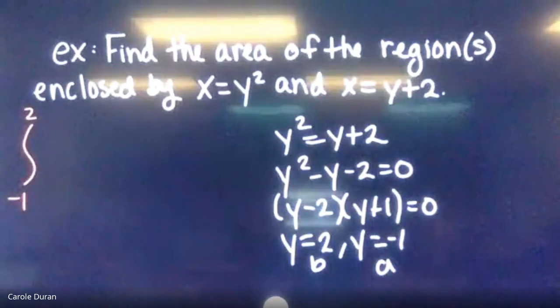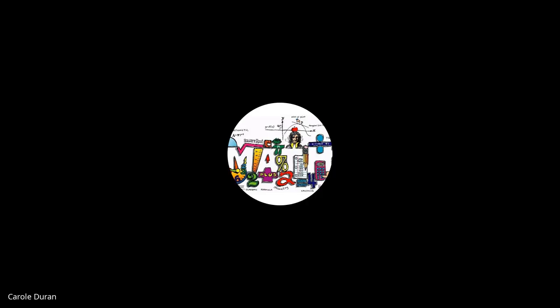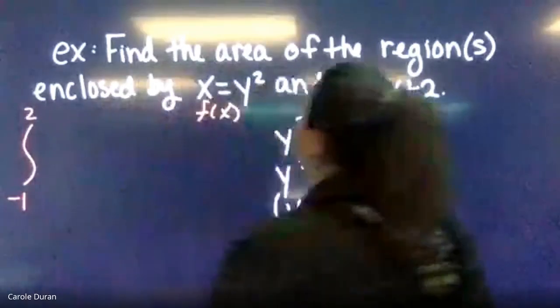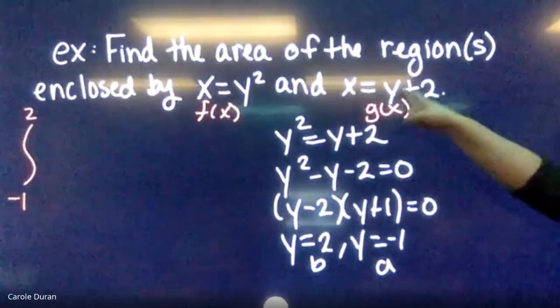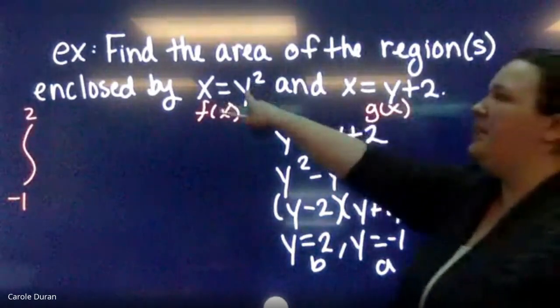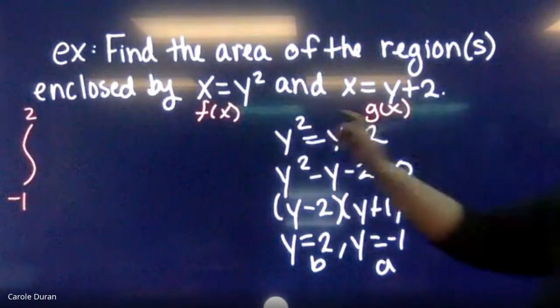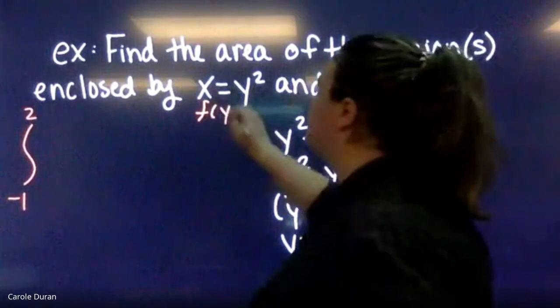Now all I have to do is figure out which one is larger, so which one's gonna be on top. We can plug in any number between negative 1 and 2. Deanna picked 0. So this one could be my f function, and this could be my g function. When I plug in 0, which one's bigger, f or g? G, because when I plug in 0 here, I get 2. And for f of y, when I plug in 0, I get 0.